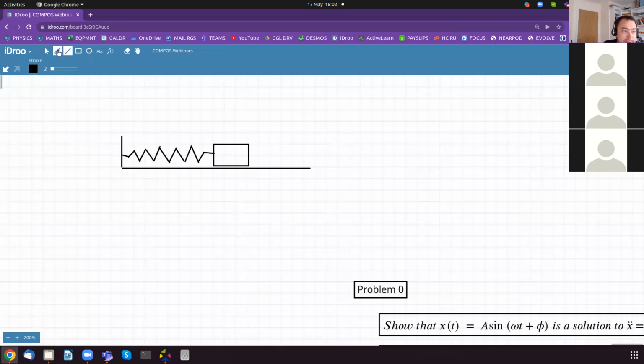If you pull the mass, let's say to the right, and let go, it will start oscillating. It will bounce left and right effectively.